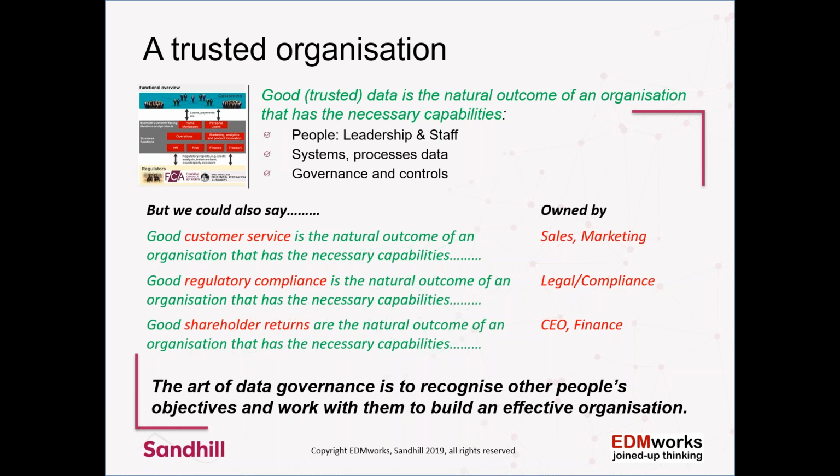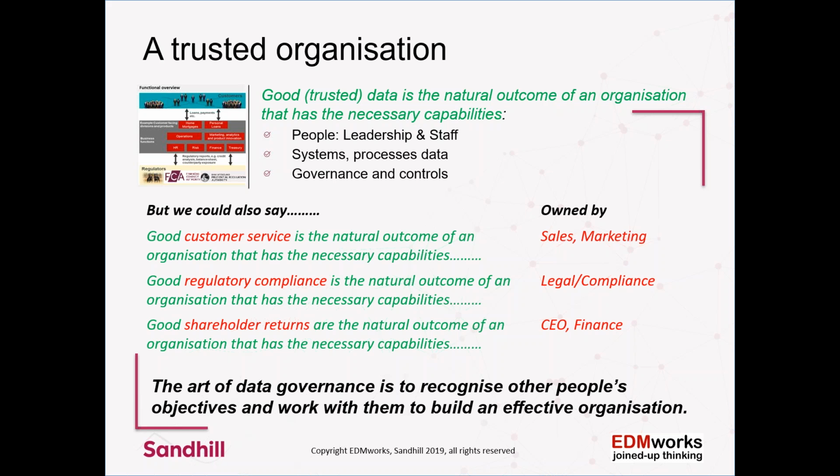And the art of governance is having it clear in your own mind that what you're doing is building a governance framework of which a good, capable organisation is part, but recognising there are other tensions and that there are other people with different objectives who have the same heart, that they want to improve the organisation.